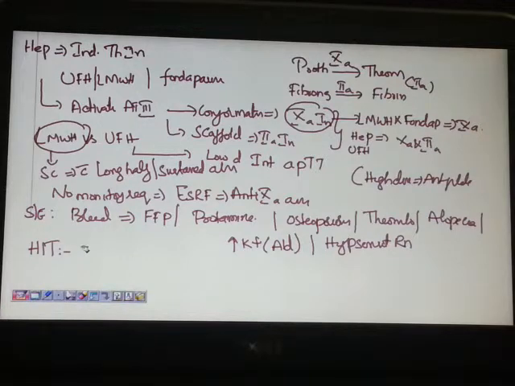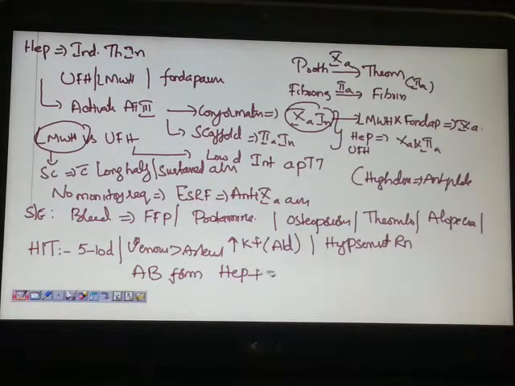What happens is, after starting heparin therapy, round about 5 to 10 days this can occur. Platelet count will be less, so it can fall up to 1 lakh or less than 50%, and veins are more involved than arteries. So this is due to antibody formation against heparin and platelet factor 4 complexes.